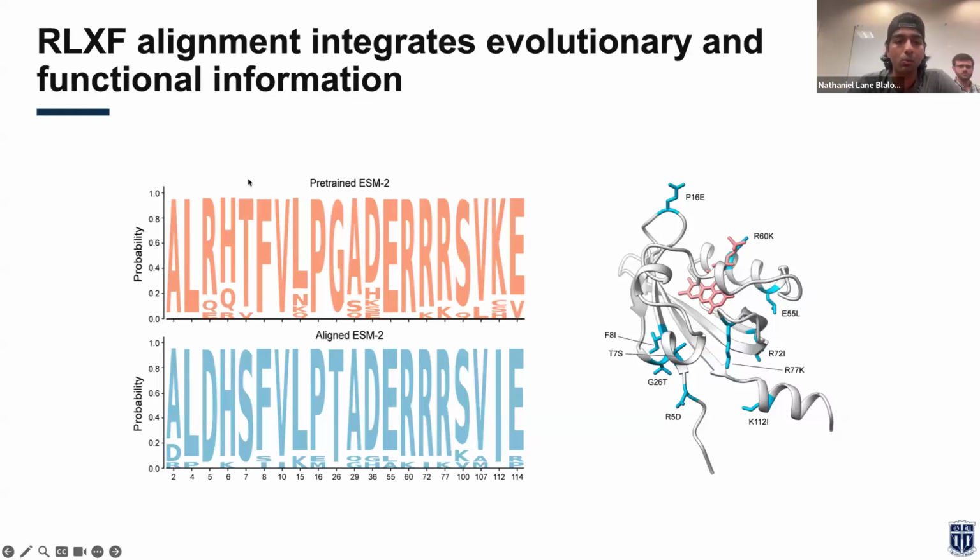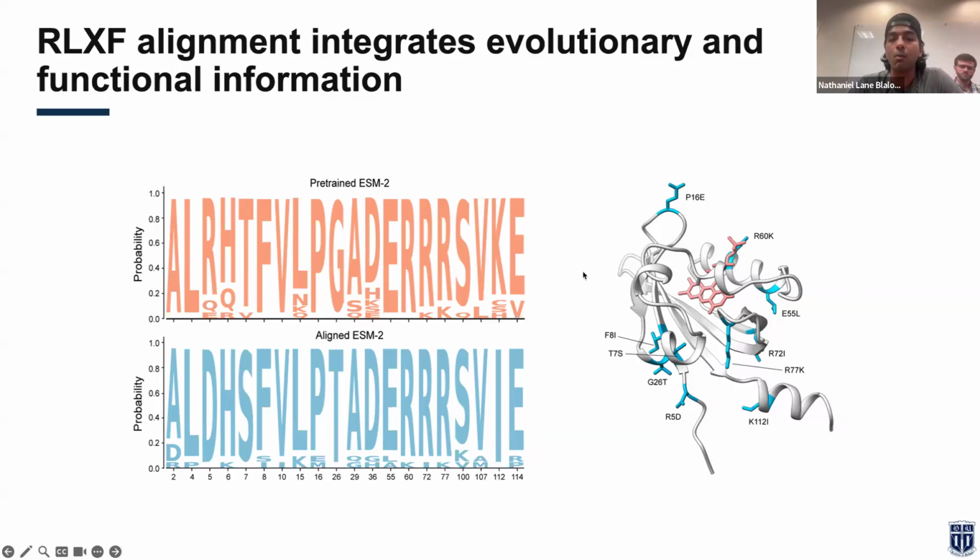One of the classic examples that we keep coming back to is residue number 7 here, where the pre-trained model almost exclusively puts in a threonine and in some cases puts in a valine. However, after alignment, we entirely put in serines there, which we know to be a beneficial mutation, and this trend extends across many different positions in the protein.